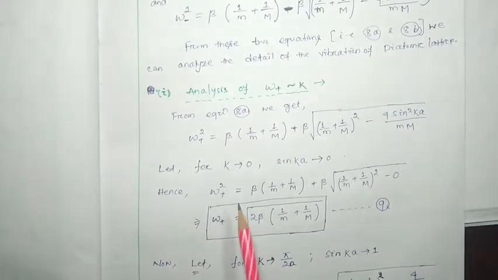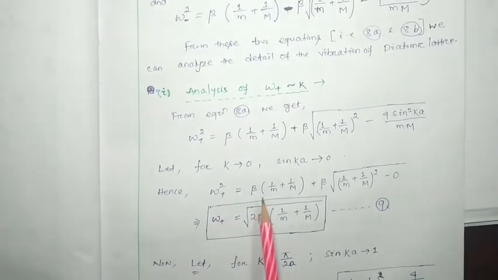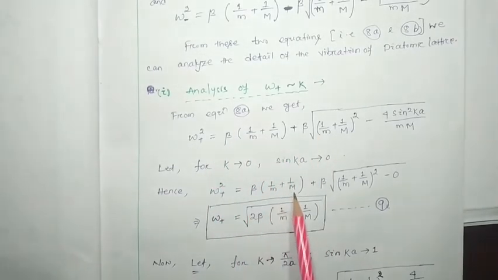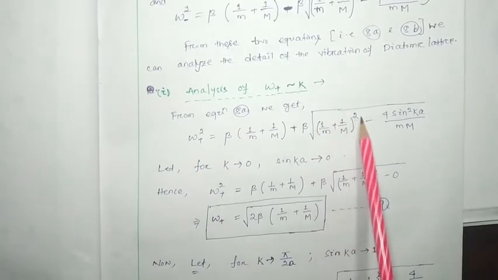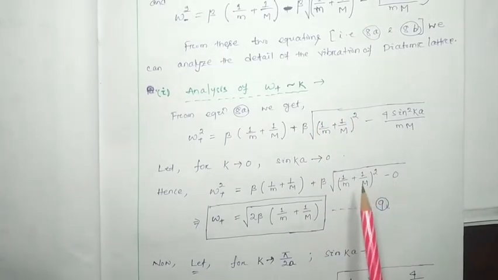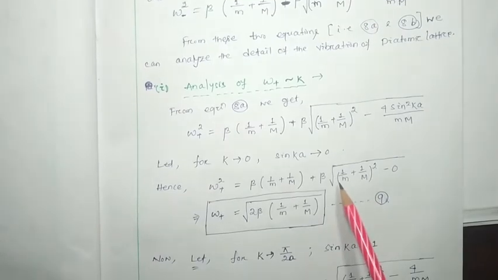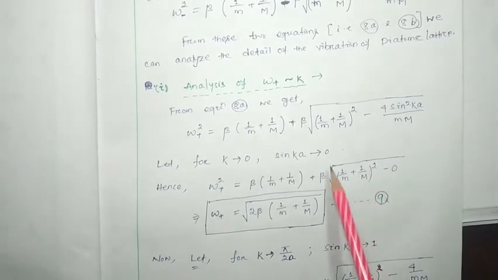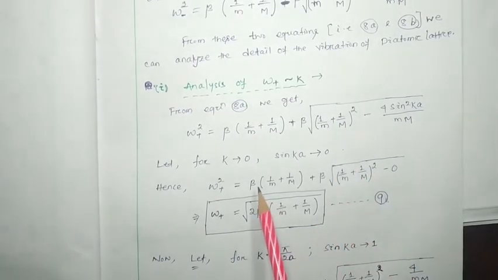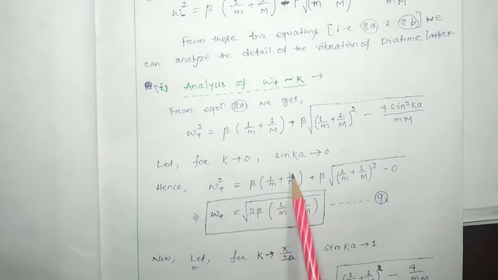Hence omega plus square will be this term, beta into (1 by m plus 1 by M), plus beta root over of this term. Since this is root over and square, we get 2 beta (1 by m plus 1 by M).